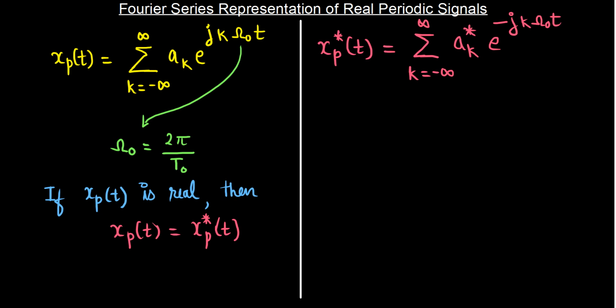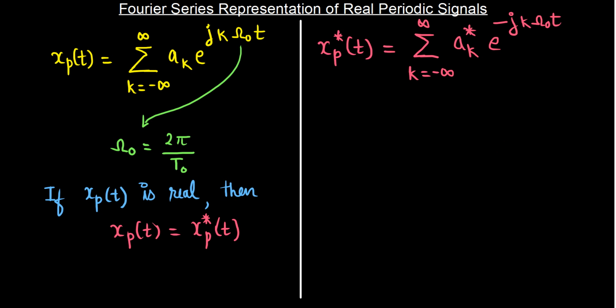Now let us rewrite this expression in a different form. I'm making a change of variable here. I will be replacing minus k with some variable, let's say k dash.